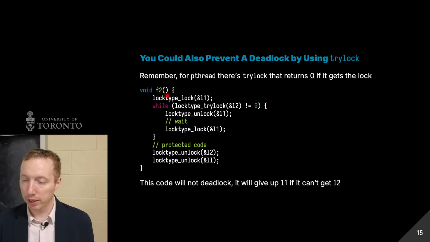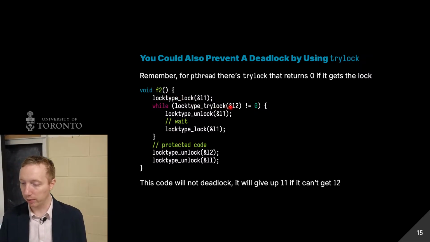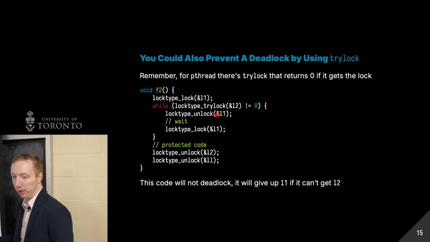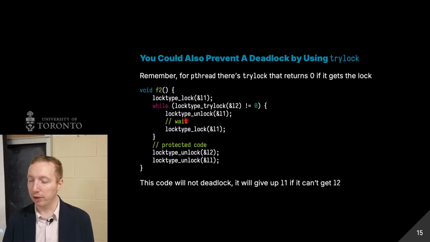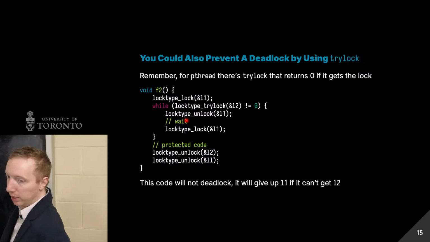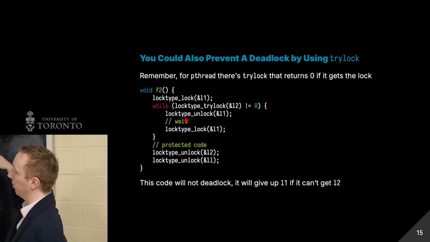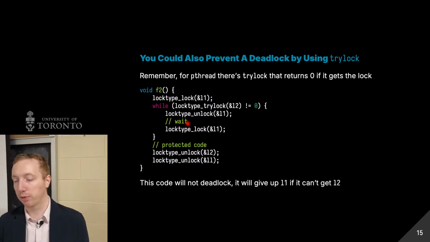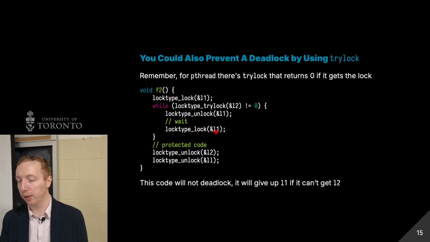That's all good. And if I don't acquire lock 2, to break hold and wait, I have to give up the original lock I acquired. So I have to give up lock 1, and then I can do something here like wait or yield, hopefully letting something else make progress, because at that line I now hold no locks. And then before trying to get lock 2, I reacquire lock 1.